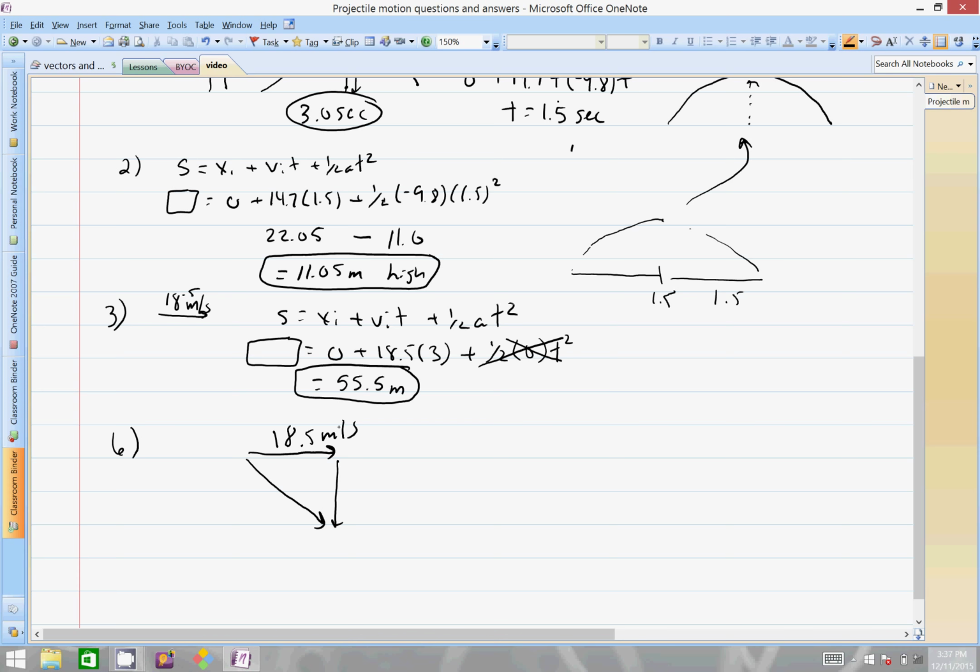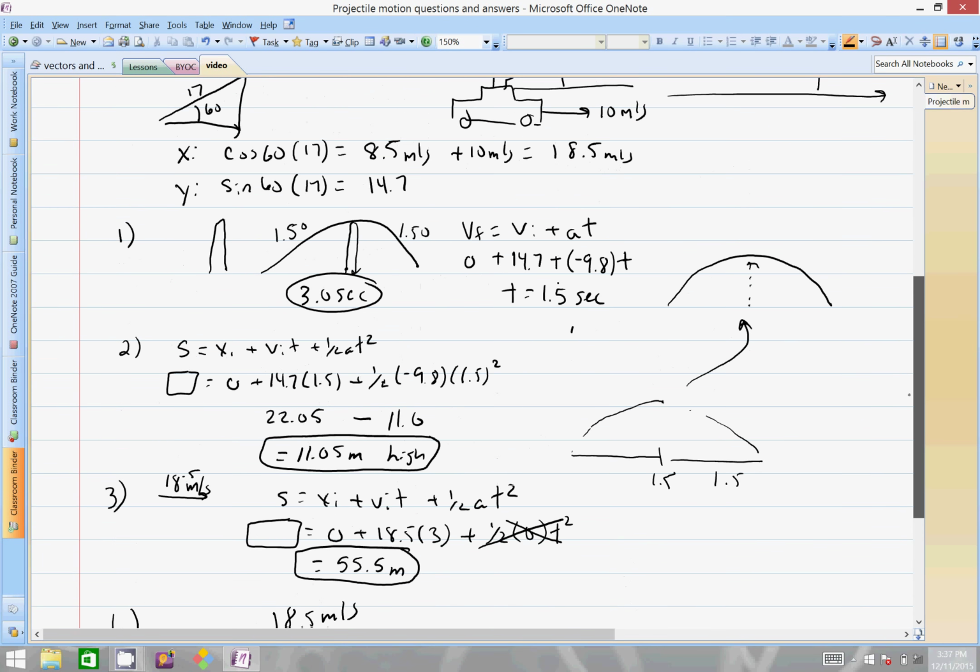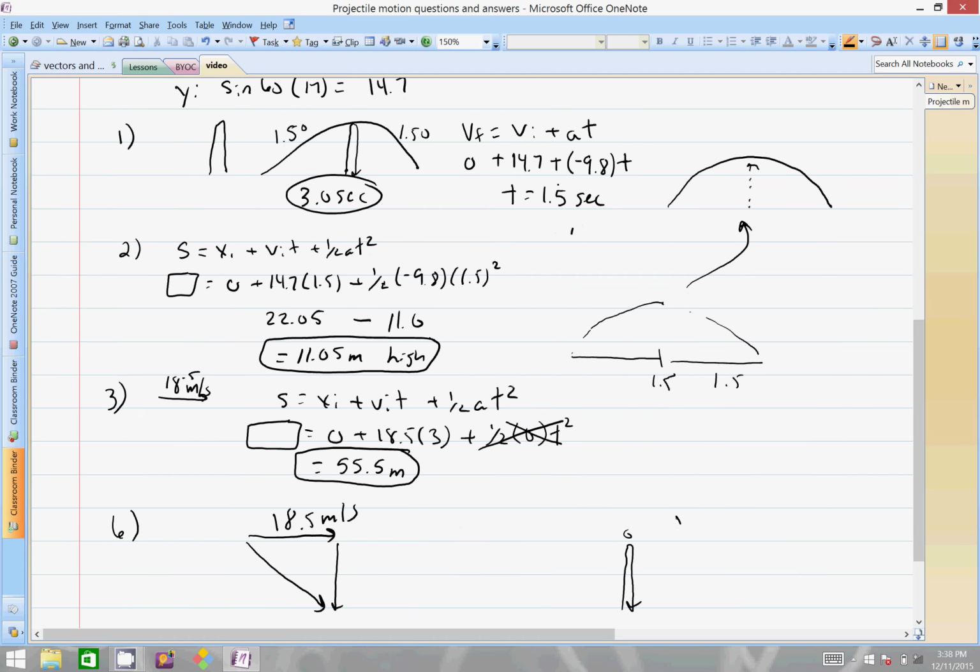For the y component, the ball is going to be going up, and then it's going to be coming down. It'll be 0 at the top, and it would be at max velocity at the bottom. So you can calculate it if you want. You could just use the VF formula: VF equals VI plus AT. This is what we would solve for.